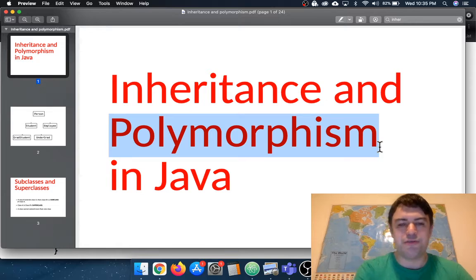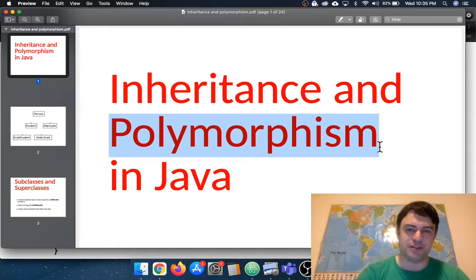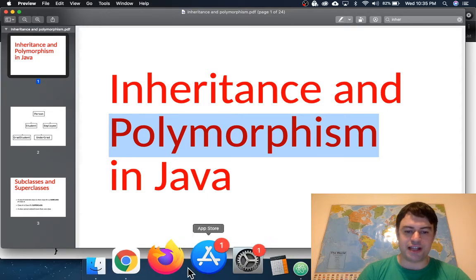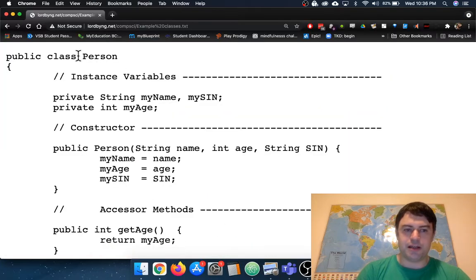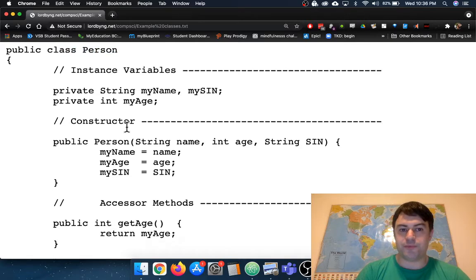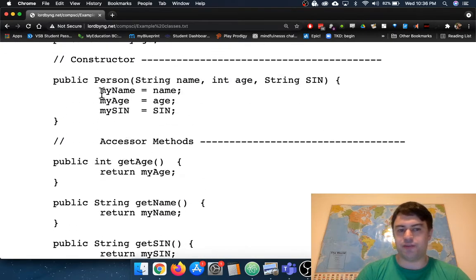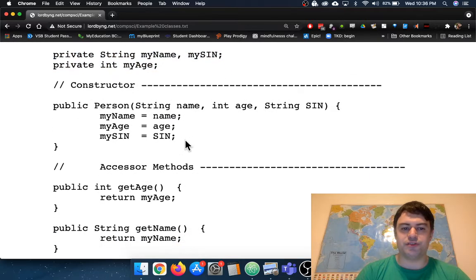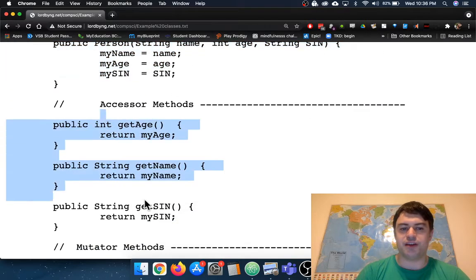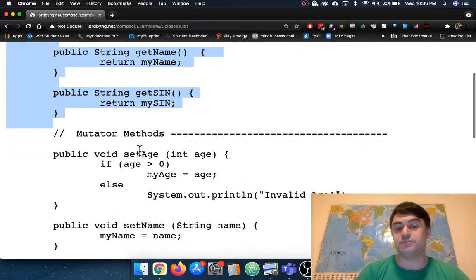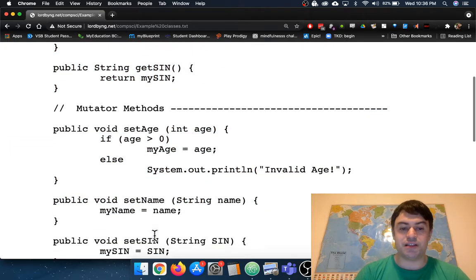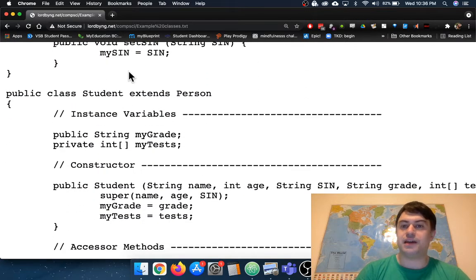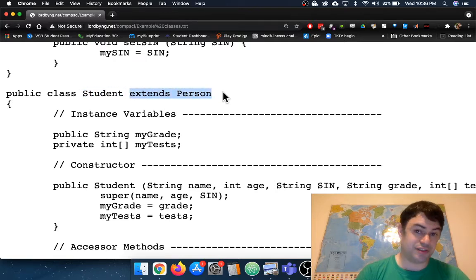Okay, so we'll start with inheritance. Inheritance will be the first thing we talk about. If you look over those classes, we have class Person, and it has a variety of things going on. It's got some instance variables, it's got a constructor, it's got some accessor methods, some mutator methods, lots of good stuff. The next class is called Student, and it extends Person.